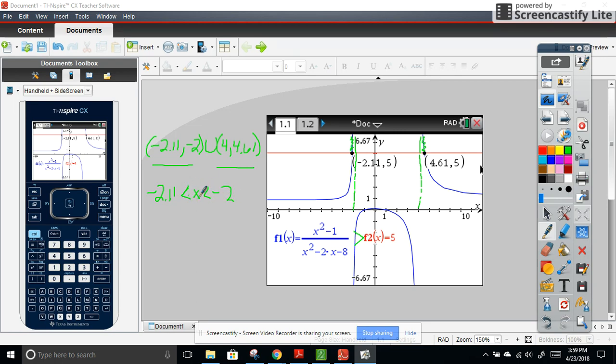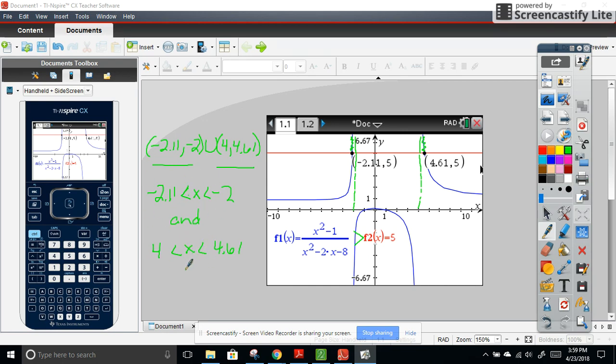The x values are between negative 2.11 and negative 2, and the values between 4 and 4.61. Okay, that's how you would write this in inequality notation.